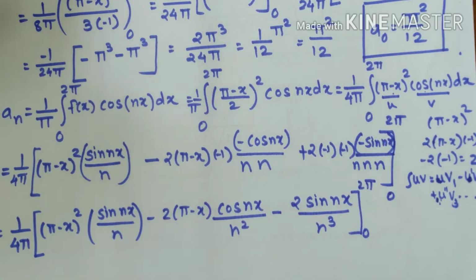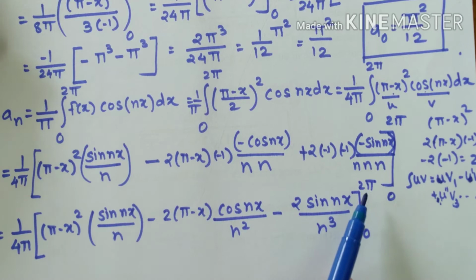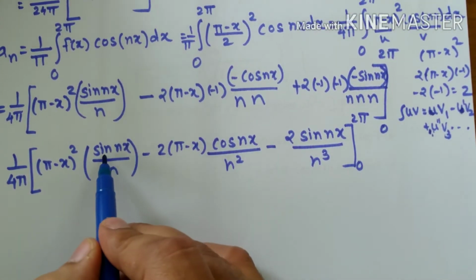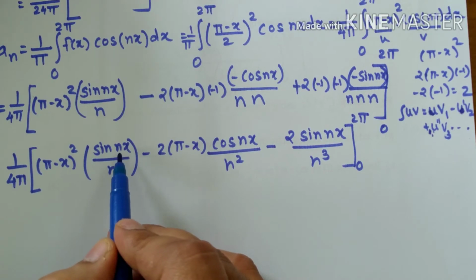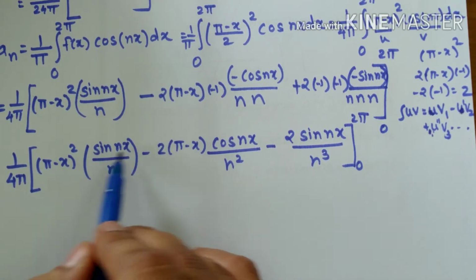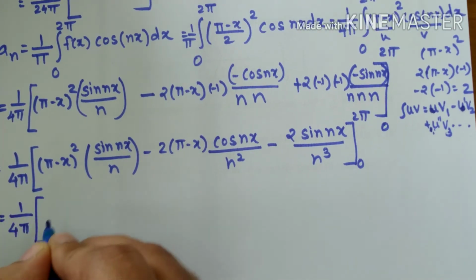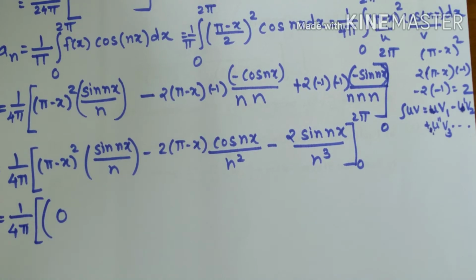Now just have a look here. The upper limit is 2 pi. If I directly substitute the upper limit here, in the first term I will get sin 2n pi. As discussed in the previous video, the value of sin 2n pi is 0. Hence, for the upper limit, my first term is going to be 0.